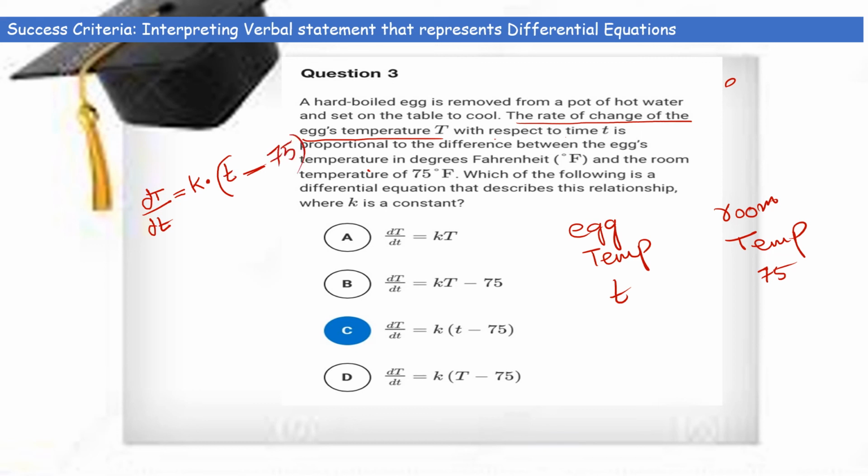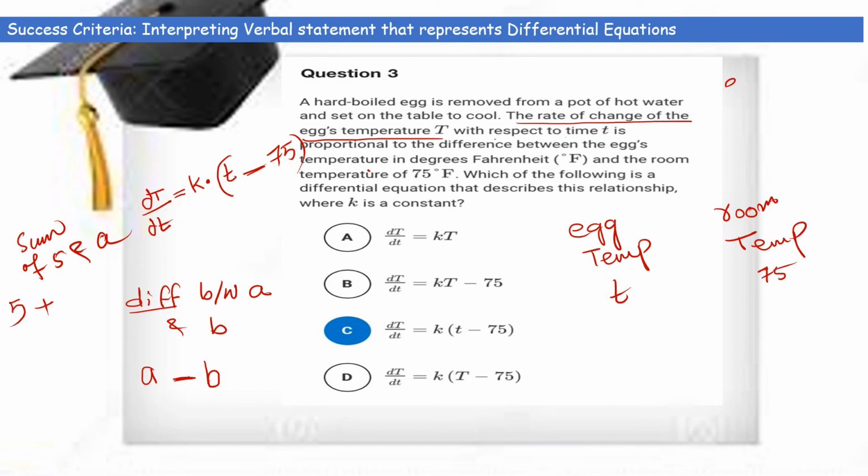Remember, whenever the difference between A and B is written, you put the minus sign, with A first and B at the end. If it is the sum of 5 and A, you write the plus sign, with 5 first and A later. So of course option D is correct.